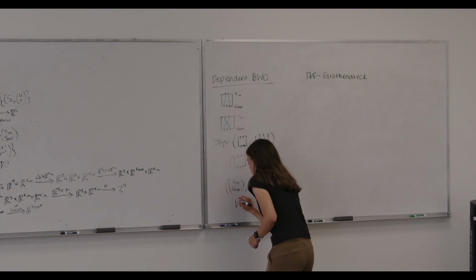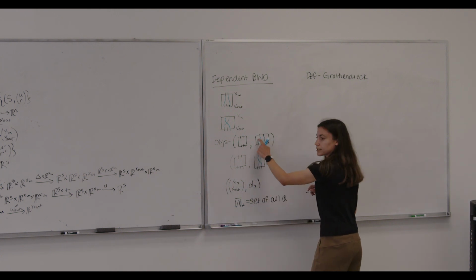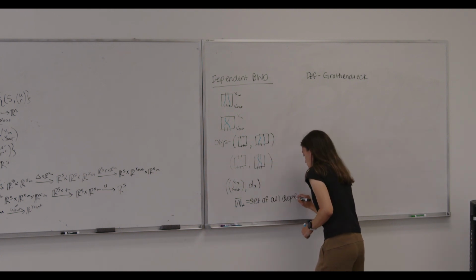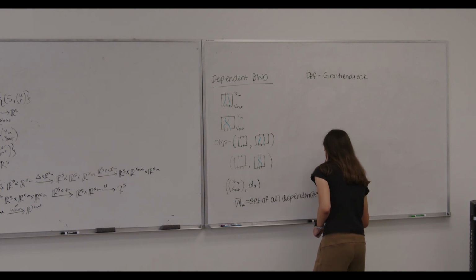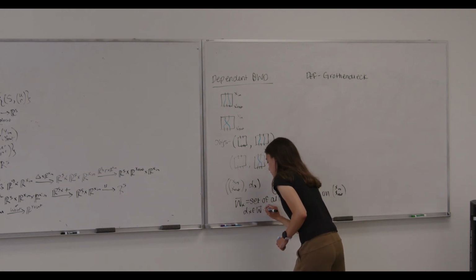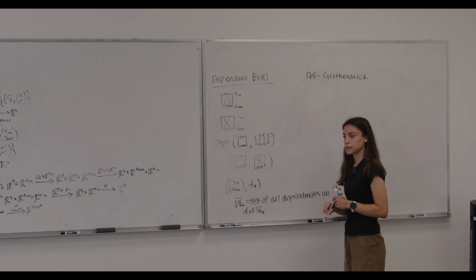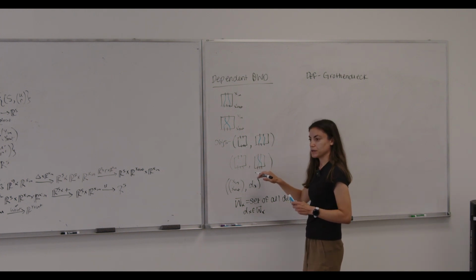So if W, we're going to say W x equals the set of all dependencies on x in, x out, and then d of x is an element of W x. And dependency is a relation between the input and output.